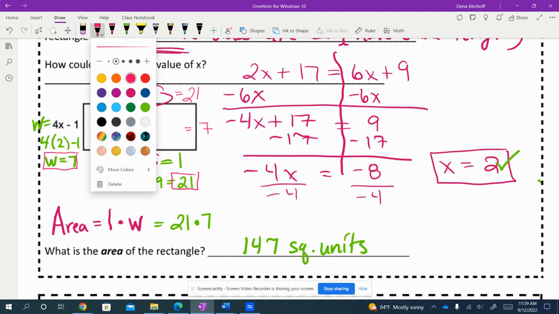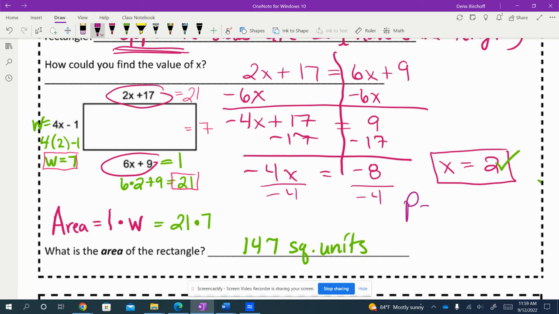So let's talk about perimeter really fast. That means the perimeter equals 2 times the length. This is the formula. I'll turn that into an L so you know it's plus 2 times the width, or we could just add them all up. 7 plus 21 plus 7 plus 21.